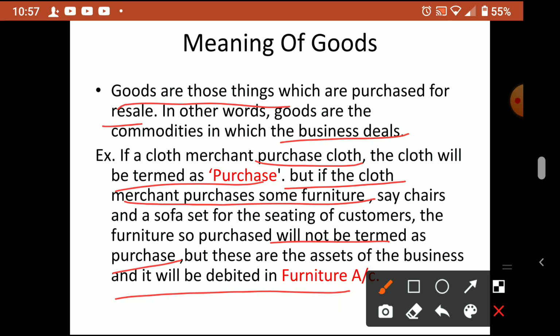Whenever you purchase goods, it will go to the purchase account. But when you purchase an asset, it will go to that asset name only. If you have purchased furniture, the furniture account will be opened. If you purchase machinery, machinery account. If you purchase land and building, land and building account will be opened. So when goods are purchased, that will go to the purchase account, remember.